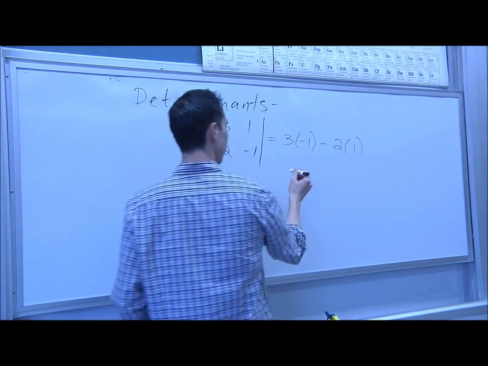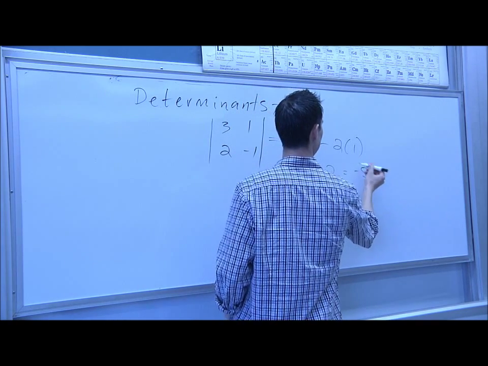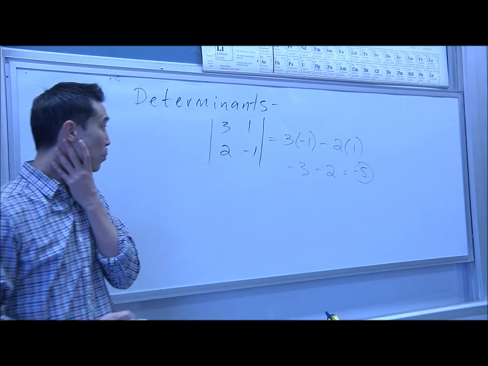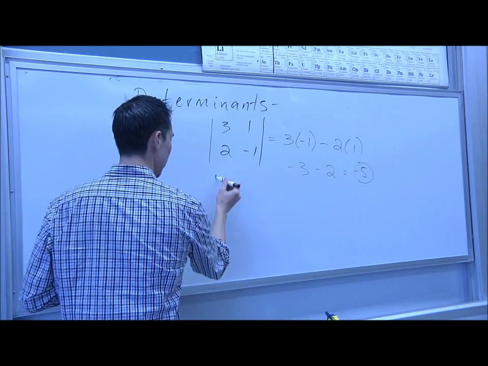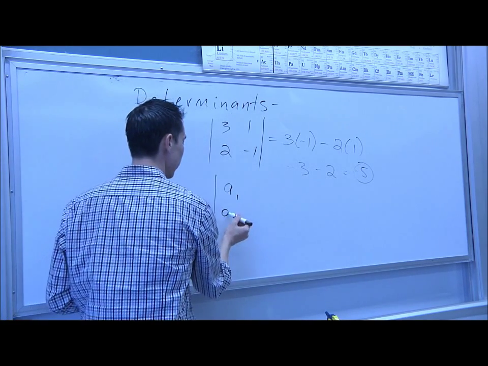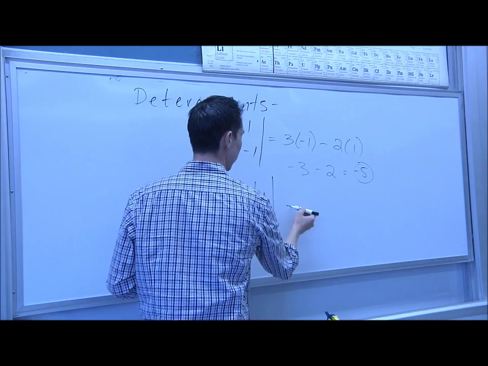What do we get? Negative 3 minus 2, which is negative 5. Okay? So more generally, if I start using A1, A2, B1, B2, we can develop the formula for this.